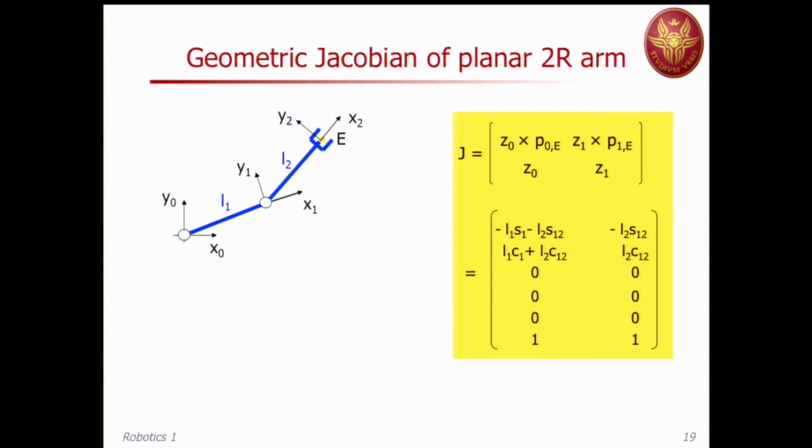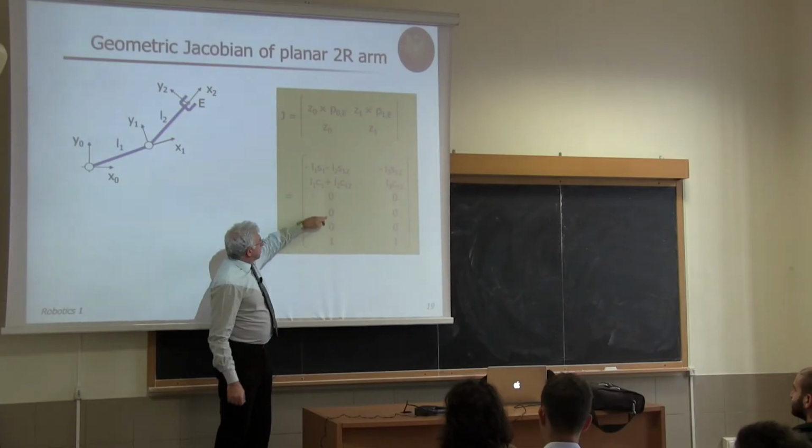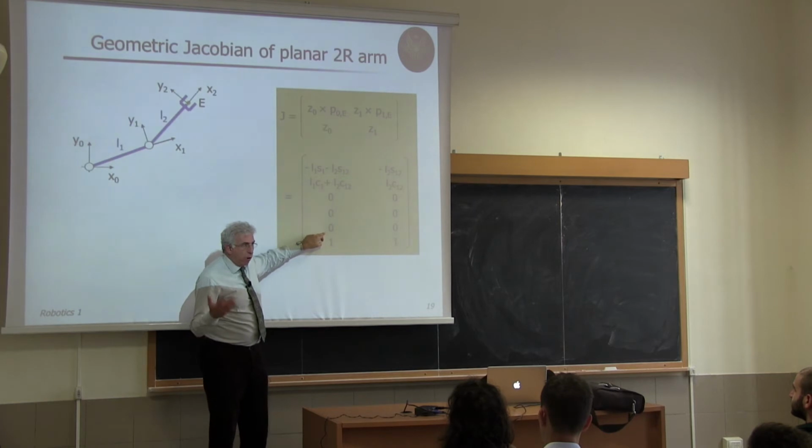So if I do the vector product, symbolically, if I wish, with a symbolic toolbox of Matlab or by hand, this is the Jacobian that I get. Okay? And not surprisingly, these 3 rows are 0. Why?